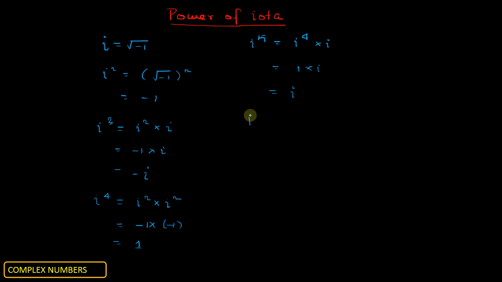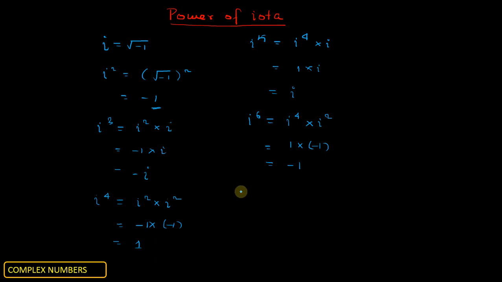Suppose we have iota raised to 6, then we can write it as iota raised to 4 multiplied by iota square. So we have iota raised to 4 as 1 multiplied by iota square, which is equal to minus 1. So we have 1 multiplied by minus 1, which is equal to minus 1.